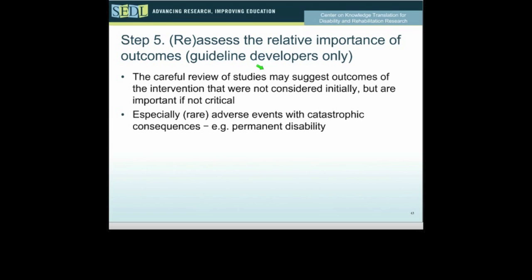At this point, after you have determined the level of evidence for each one of the outcomes separately, you need to take another look at the relative importance of the outcomes. At least guideline developers need to do that, because as I indicated, new outcomes may have popped up.